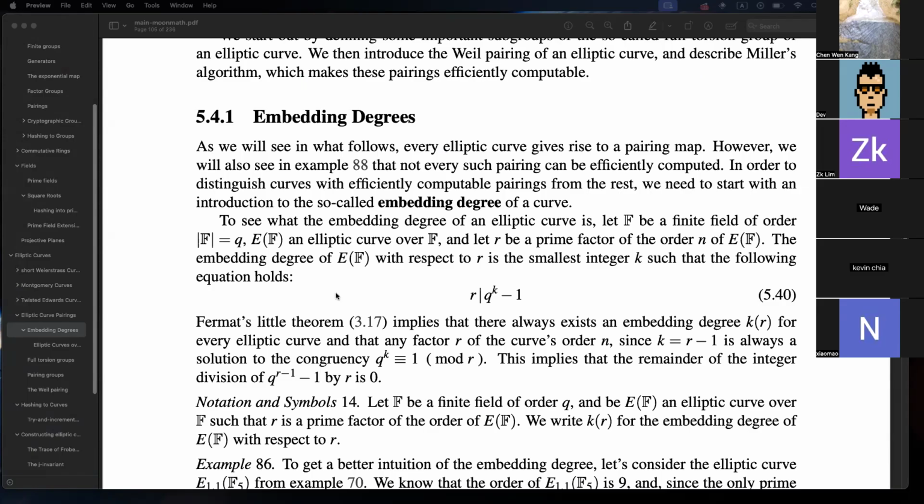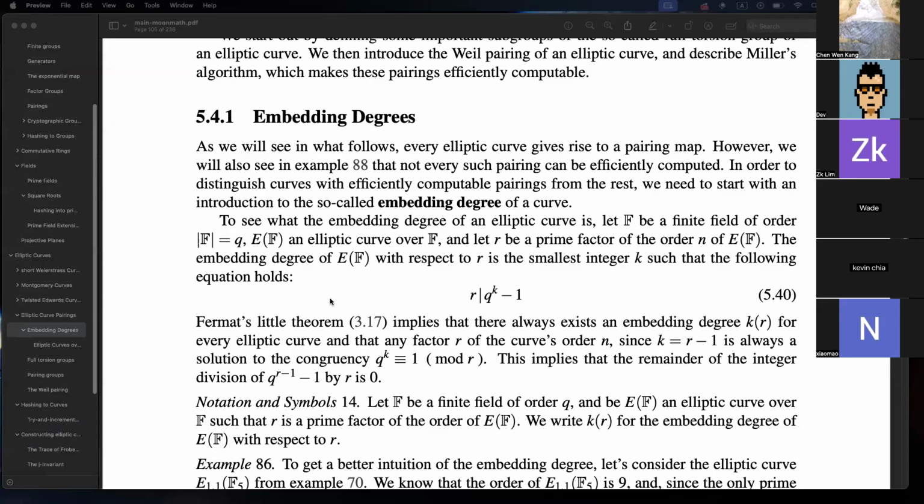I think in the case for pairings, if you want a smaller embedding degree, I might be wrong on this. I forgot what I've gone through, I've done some reading on this. But if you are working with non-pairing curves, you might want to choose a curve that has maybe a higher embedding degree.